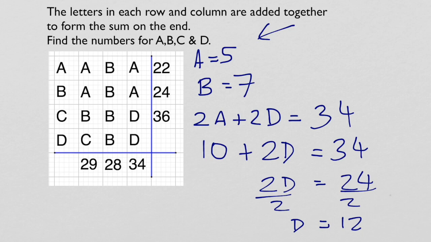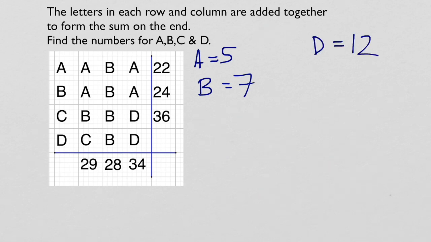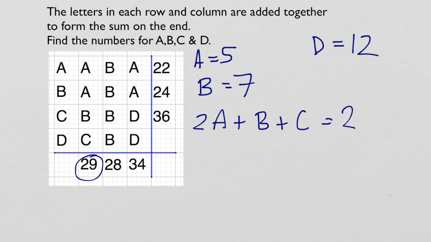Okay, well done. Just one more letter to find. And finally, we need to find out what C is. So what will be the best column or row? I'm going to look around, and where will C be? Sorry, pointer, there's one with C. So in that case, I'm just going to write out the equation. 2A plus B plus C equals 29.